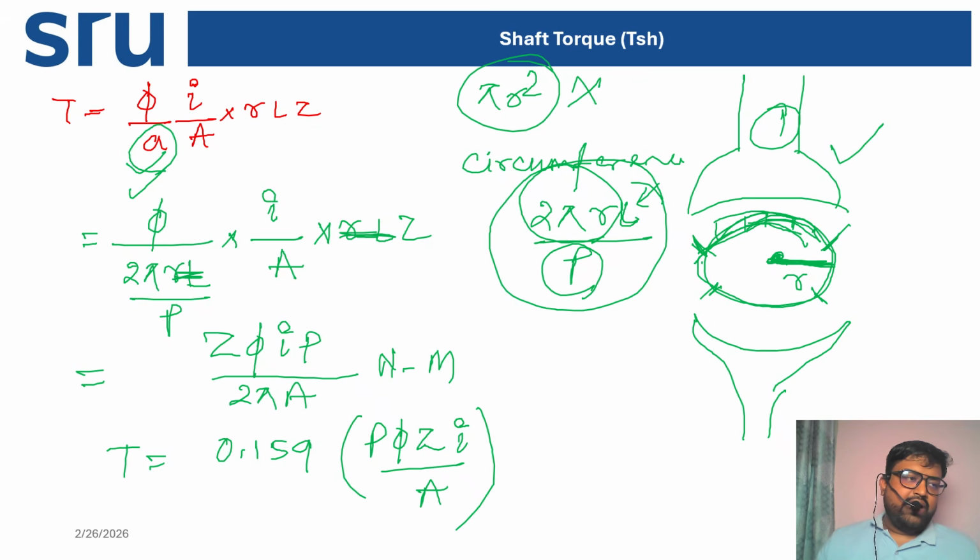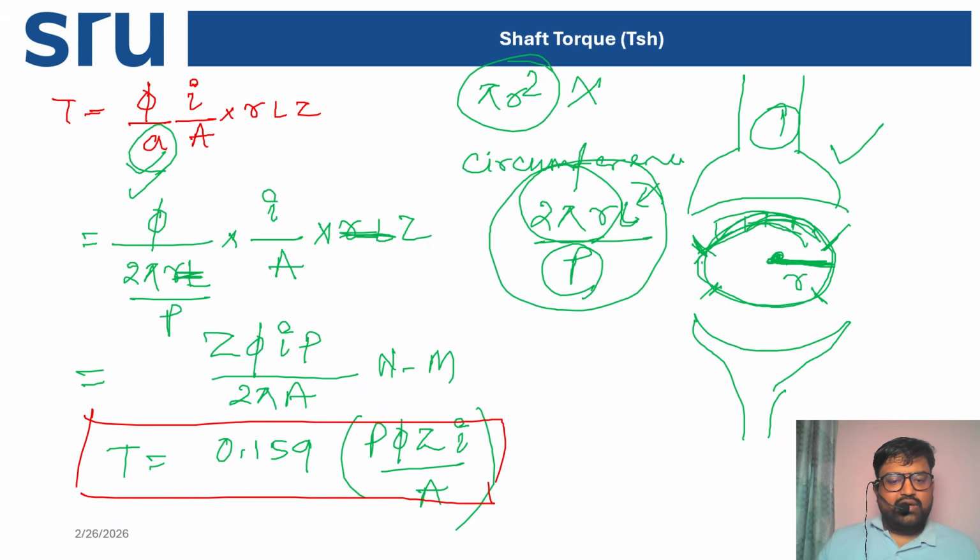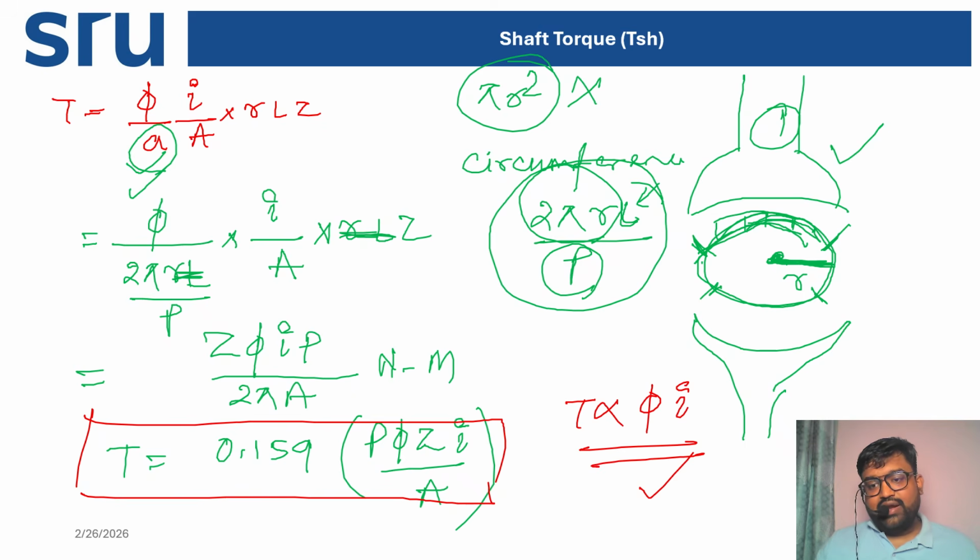And from this equation, if I highlight it, you can see the torque is directly proportional to flux and current. One relation is obtained here and it is helpful to understand the characteristics.